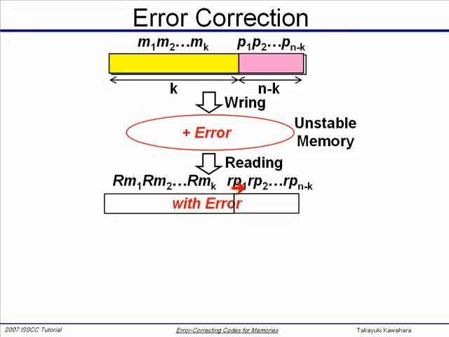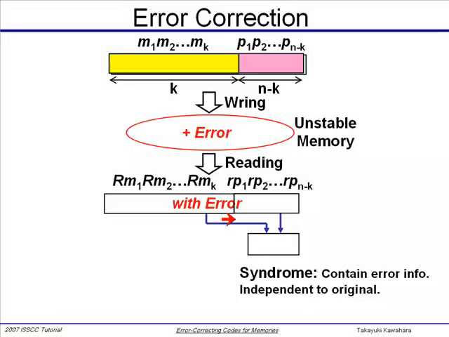So what to do? Our target is to have the original. So we have the syndrome, which is calculated from the read word itself, that contains the error. That is what we call the syndrome.